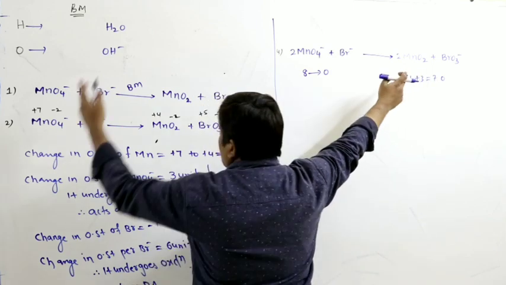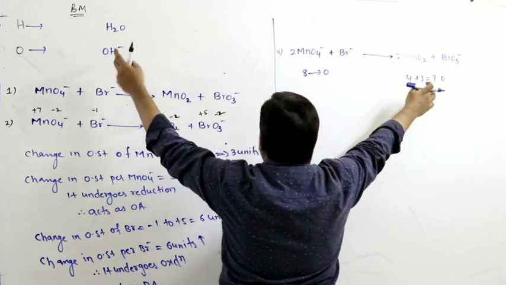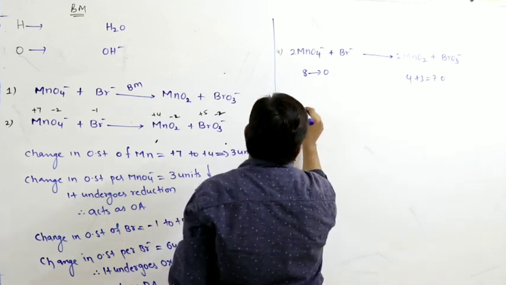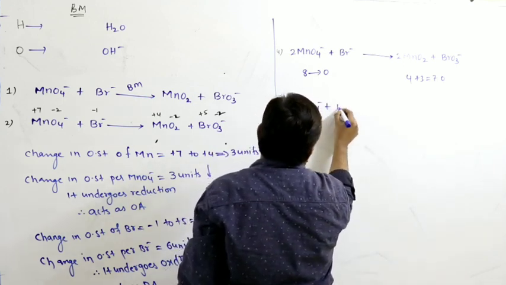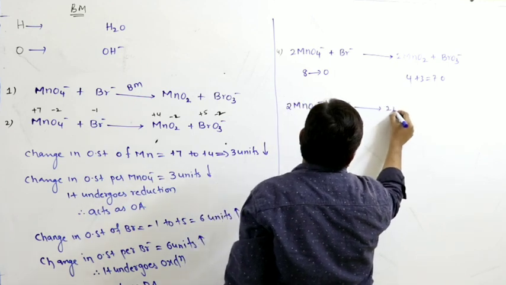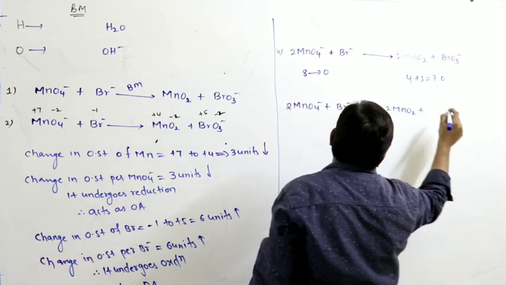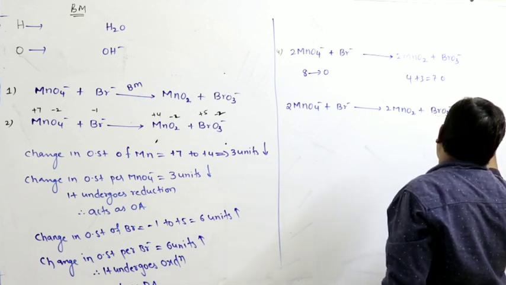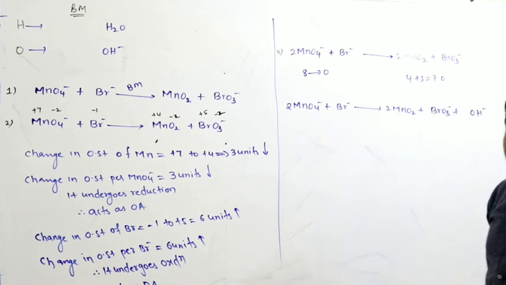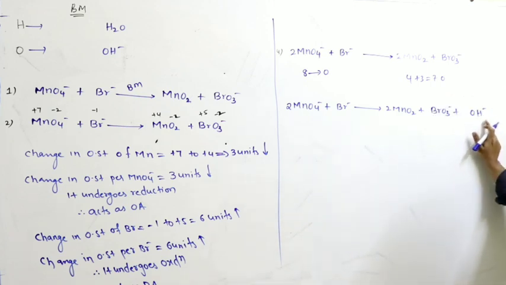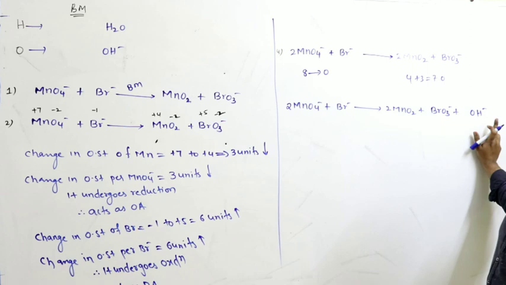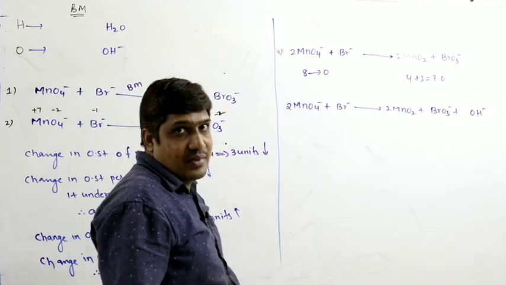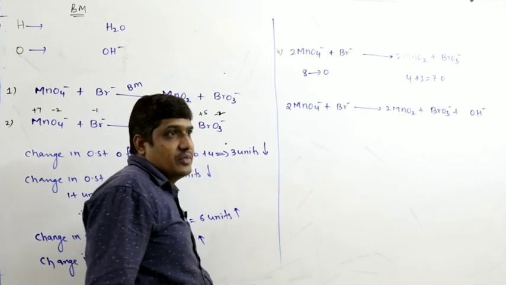So, add OH minus, one oxygen is less, therefore adding one OH minus on the other side, wherever there is deficiency. So, oxygen is balanced, but addition of OH resulted in an increase in hydrogen. To balance hydrogen, again I have to add water.